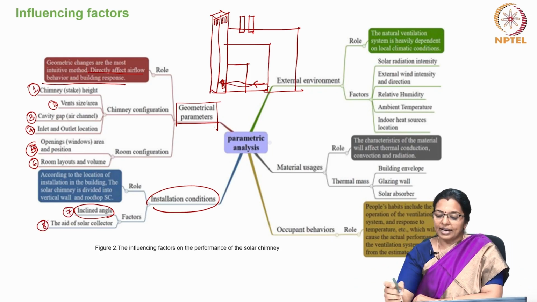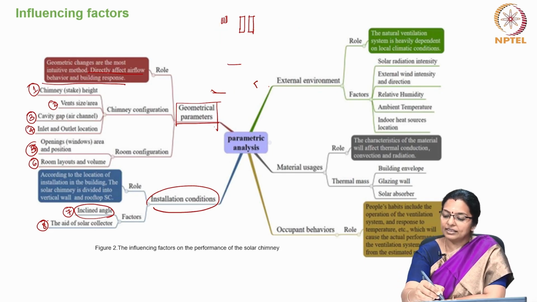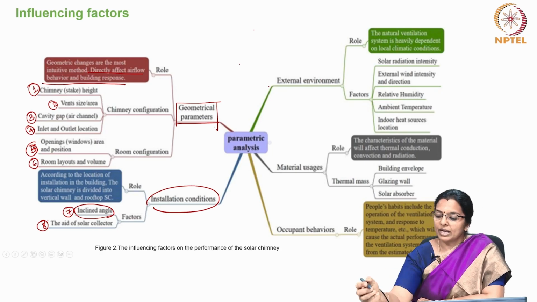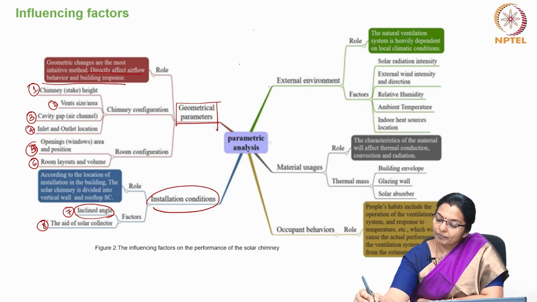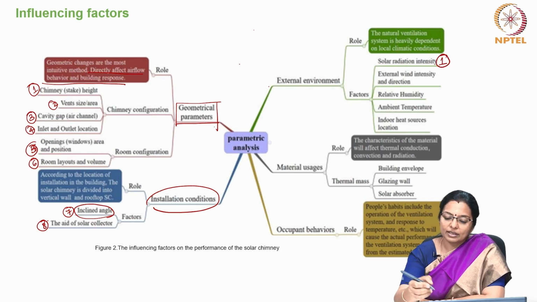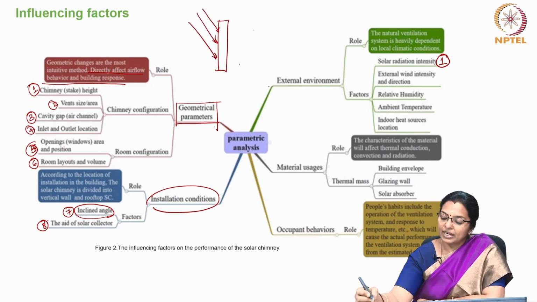There are other external environmental factors too. The external environmental factors: the role of natural ventilation system is heavily dependent on the local climatic conditions. So, solar radiation intensity, how strong is the intensity of solar radiation?